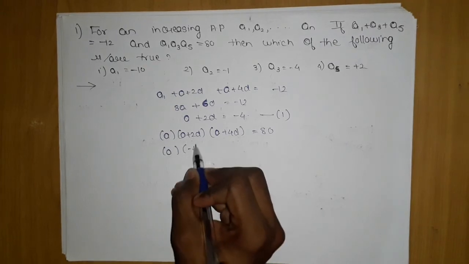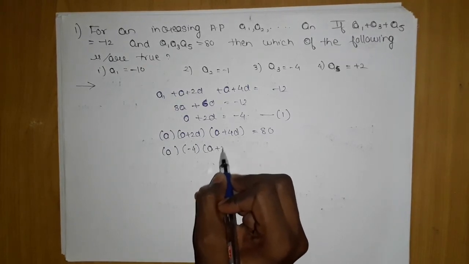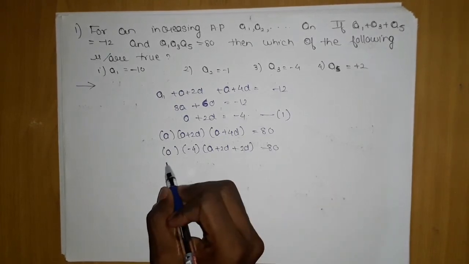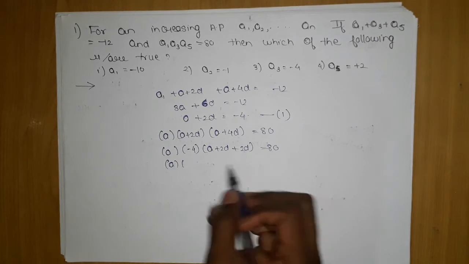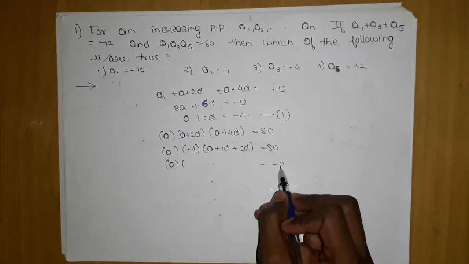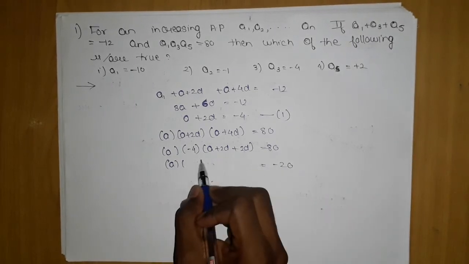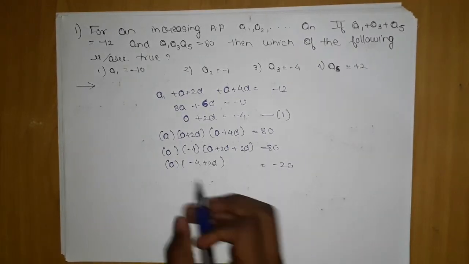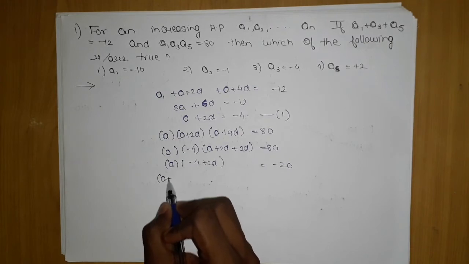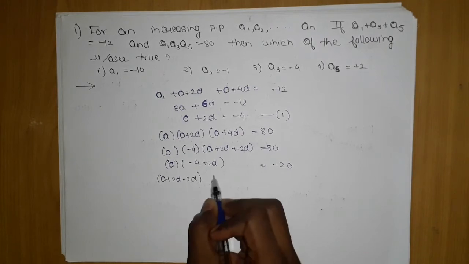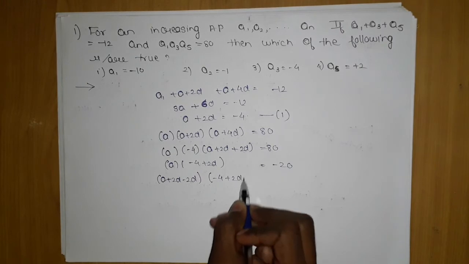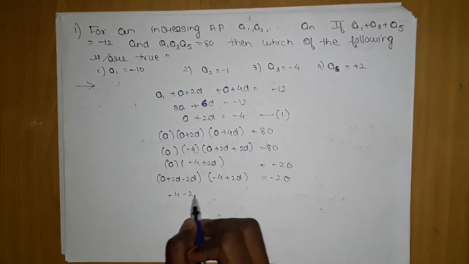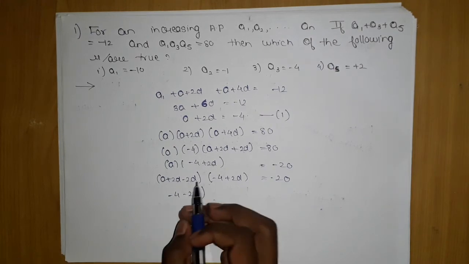Many children cannot observe this, that I can write as A plus 2D. So here I will substitute minus 4, which will cancel and give me minus 20. And this will again become minus 4 plus 2D, and minus 20. Here I will add plus 2D and subtract 2D, which will give me minus 4 plus 2D minus 20D, and here I will again write minus 4 minus 2D.